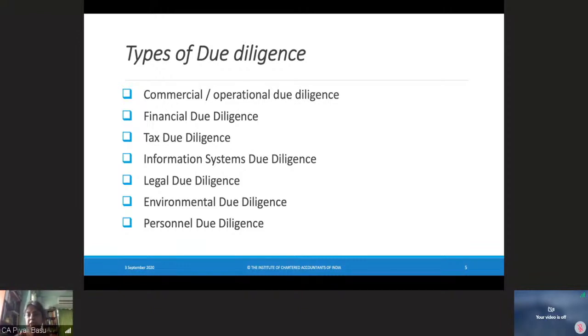Why? There could be so many reasons. One of the reasons could be the manufacturing process being followed by this company is very old, and hence their productivity is less, and naturally the sale is less. So the purchaser has to think whether it's viable, because they have to think of the capex immediately after they purchase. All right, keep that in mind.